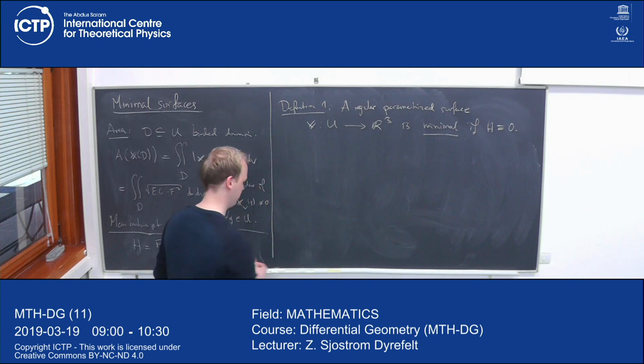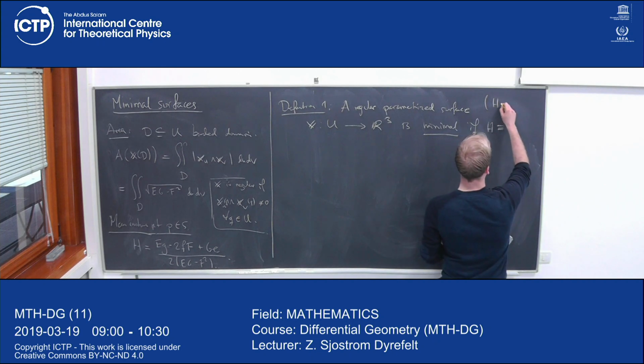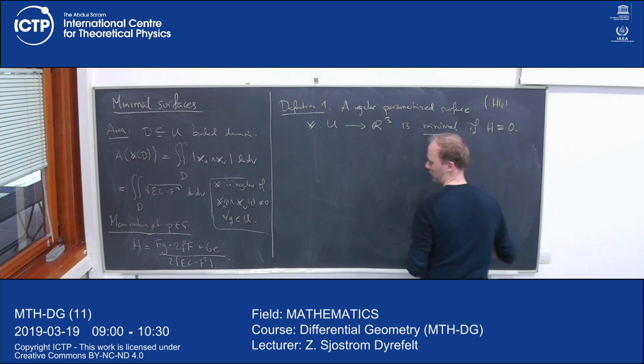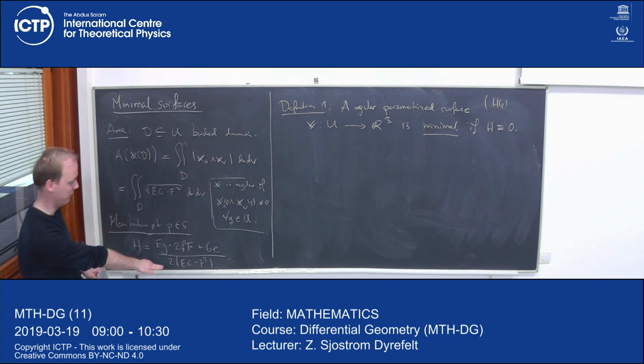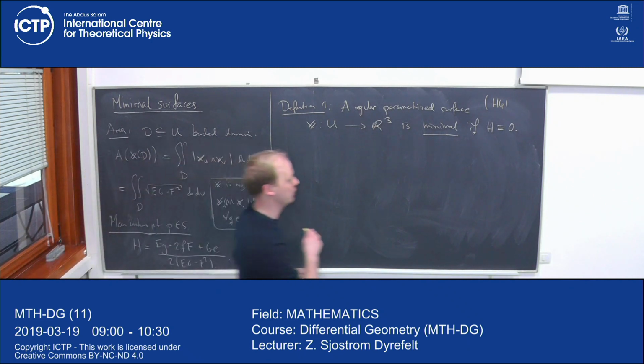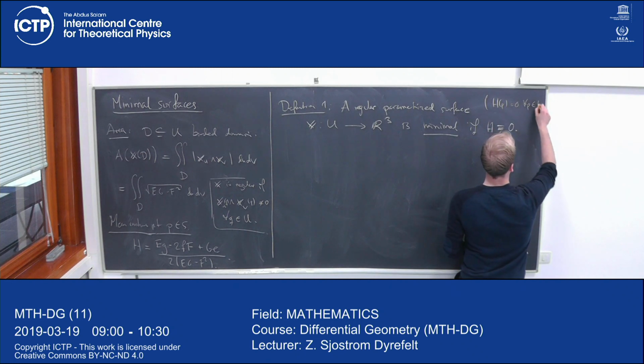Okay, so let me just stress that this H seems like it does not depend on p, but it depends on the point, right? All these coefficients depend on the tangent space in which you work and so on, so they all depend on the point. So if I was to call this H of p, then this has to vanish for all p in x.